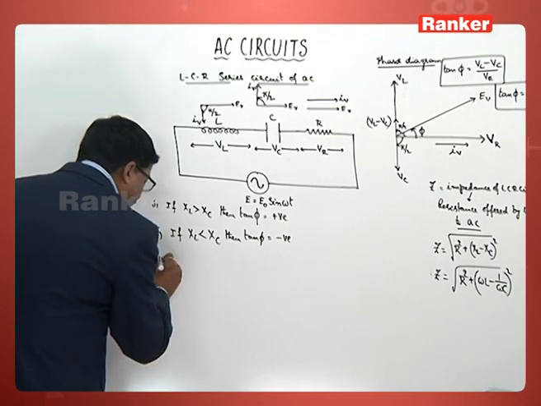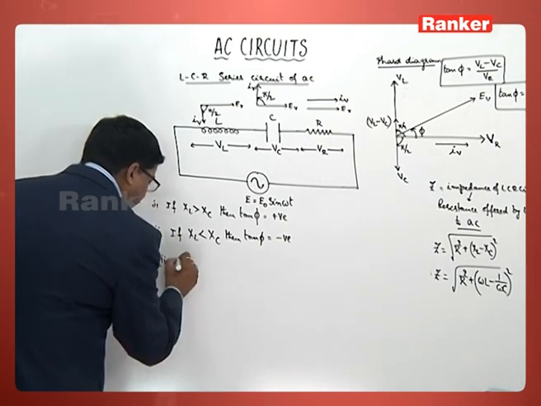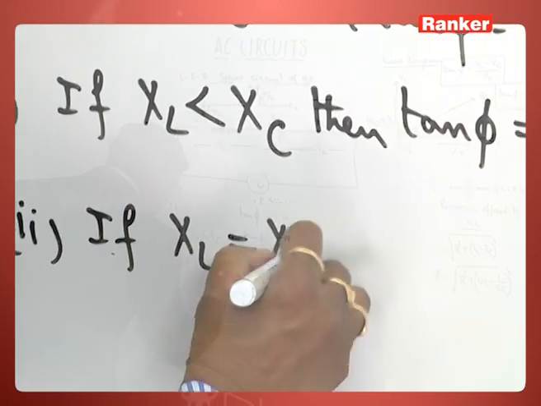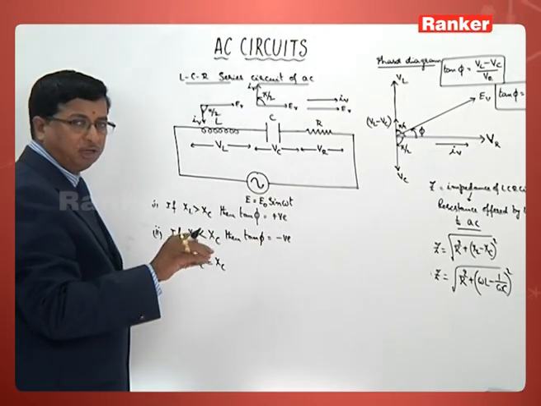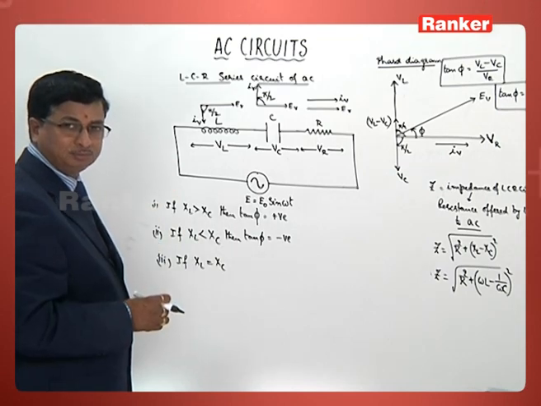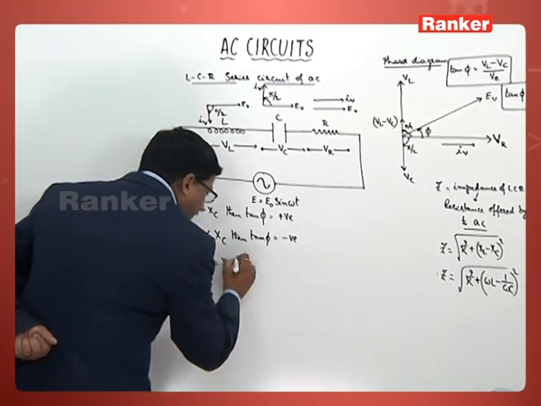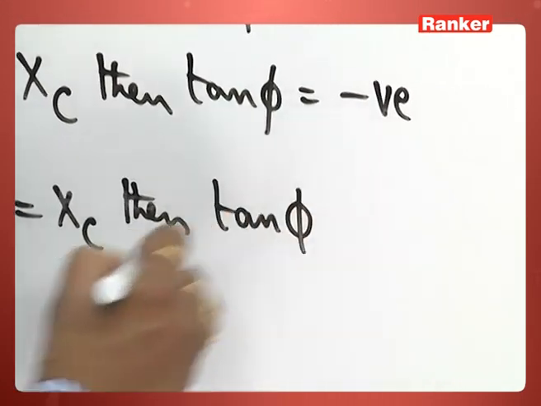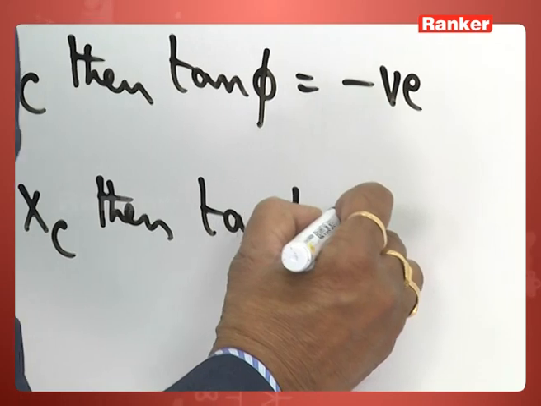If you consider directly the third case, if XL and XC are equal in magnitude, then we can understand directly tan phi now becomes 0.